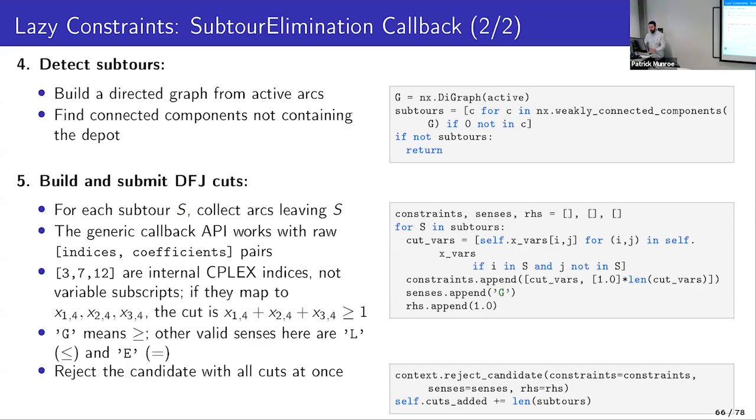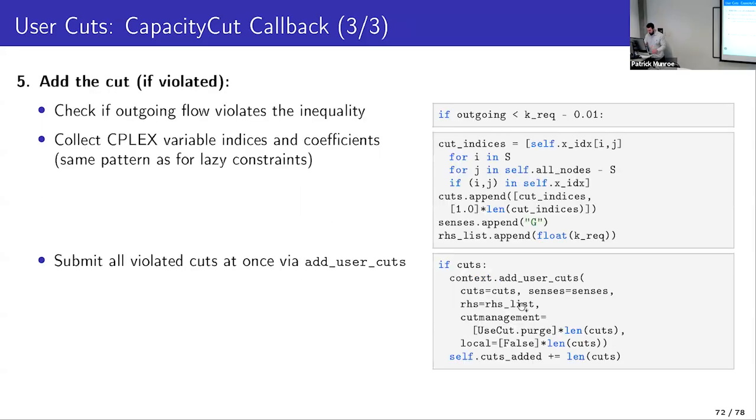I'm not sure. Maybe there's a parameter. But if you have a user cut, which we didn't have time to talk about, here you can specify whether you want the cut to be local, which means only in the subtree, or if you want it to be global. But I'm not sure about the lazy constraints.